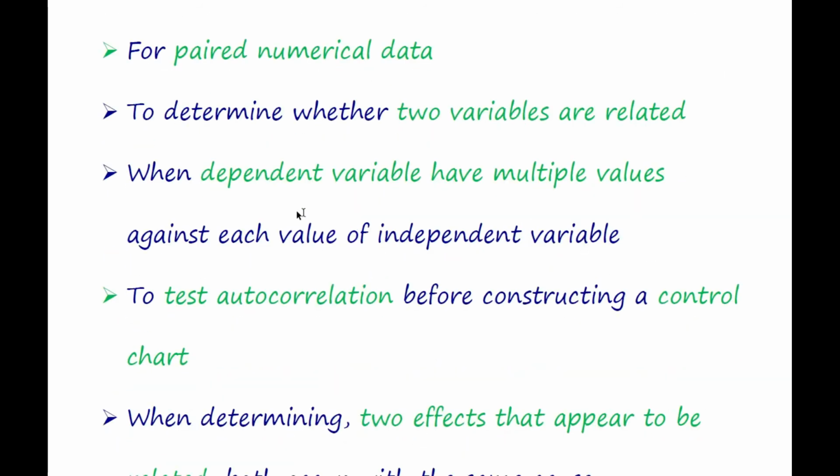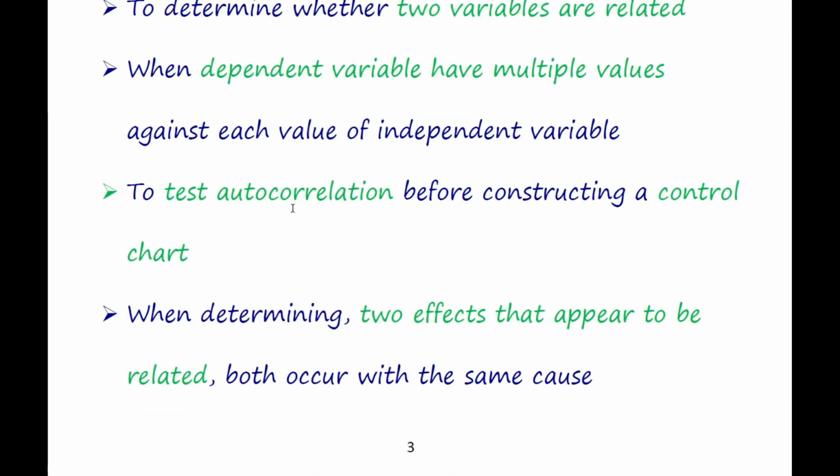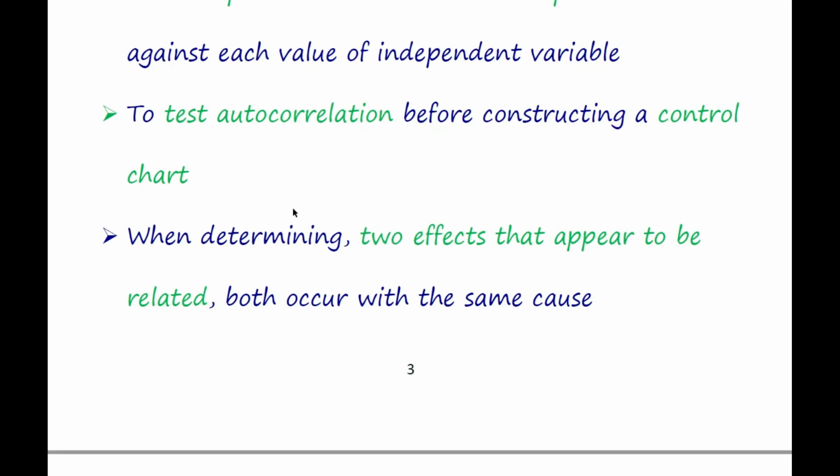Third, when the dependent variable has multiple values. In this specific case, the dependent variable, which we mostly represent as y, has multiple values for each independent variable. We can also draw a scatter plot to test autocorrelation before constructing a control chart. If we want to construct a control chart and we have to check autocorrelation, then in this situation the scatter diagram is also useful.